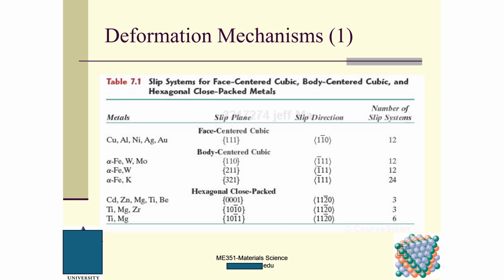The first group is FCC, with slip plane 111 and slip direction 110, and the number of slip systems is 12. The second group of metallic materials is body-centered cubic, for example alpha iron, tungsten, and molybdenum.